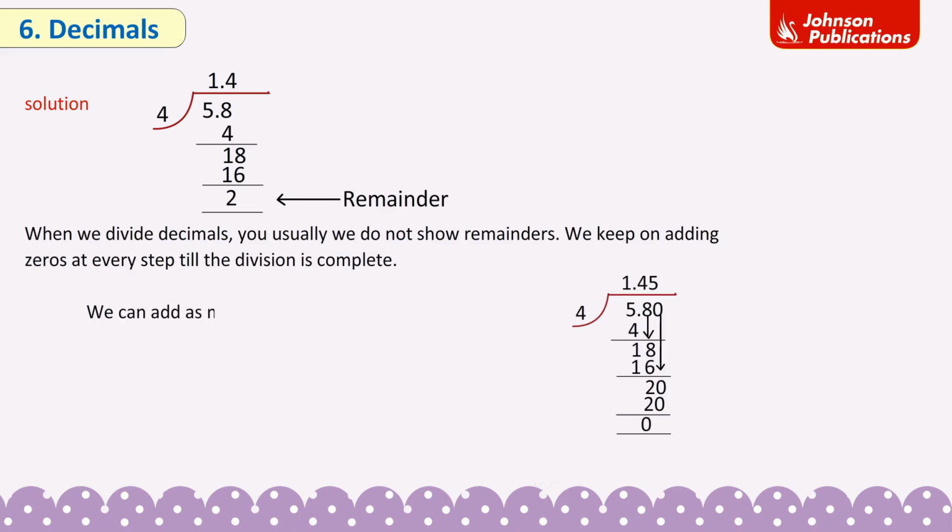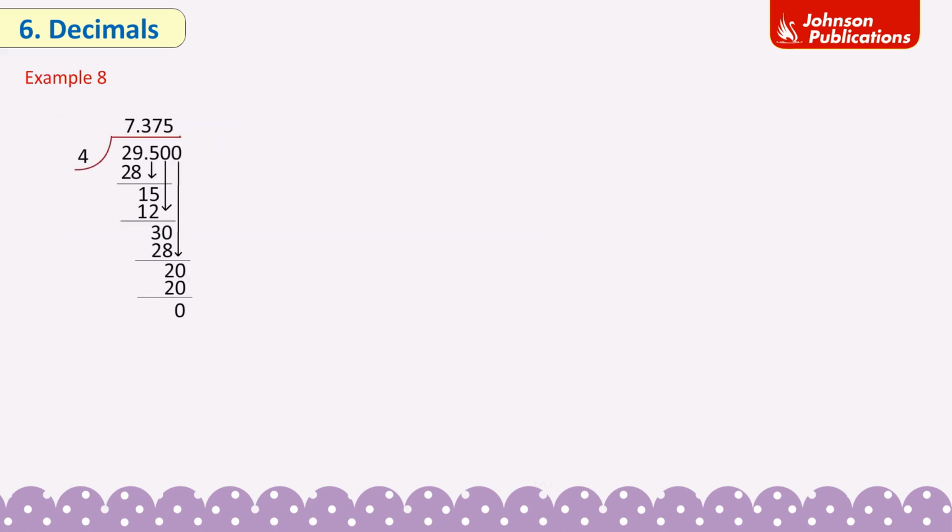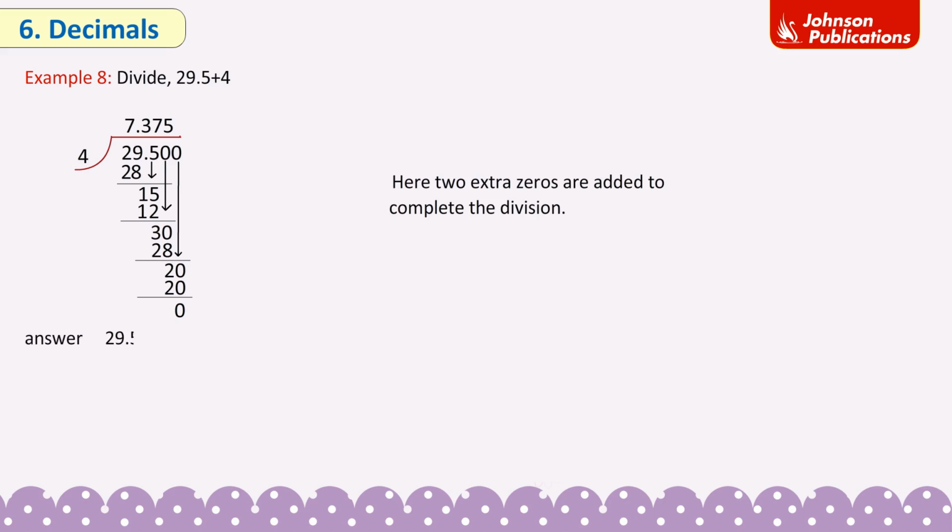We can add as many zeros as required after the decimal part of the dividend, because a decimal number remains the same on writing any number of zeros after the last non-zero digit in its decimal part. Example. Divide 29.5 with 4. Here, 2 extra zeros are added to complete the division. Answer. 29.5 divided by 4 is equal to 7.375.